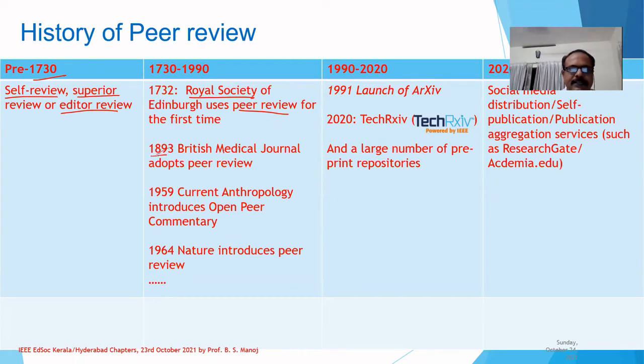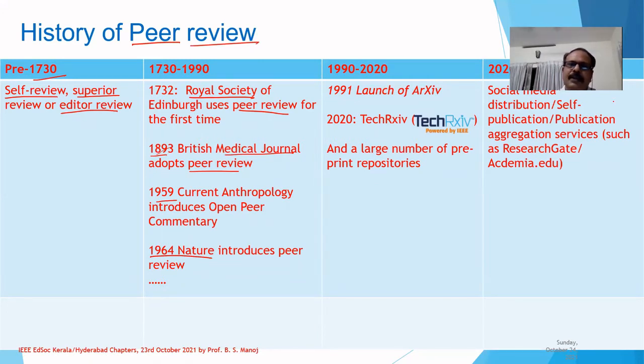Then in 1893, the British Medical Journal adopted peer review for its own journals and papers. In fact, the anthropology journal Current Anthropology introduced it in 1959. One of the most famous and most influential journals of today, Nature, started the peer review process only in 1964. So it's actually a relatively recent concept that we all now know as peer review.